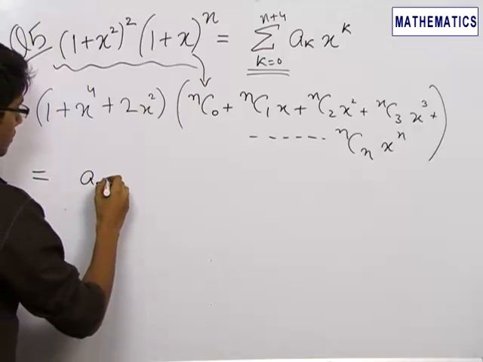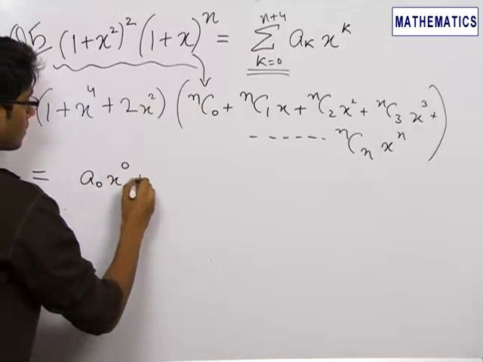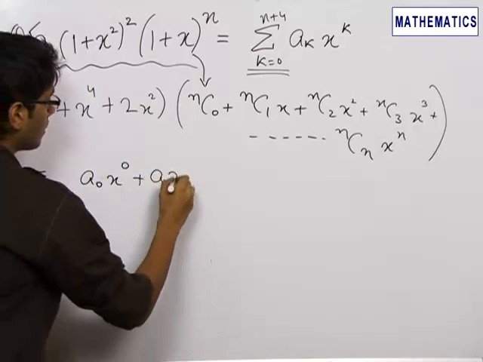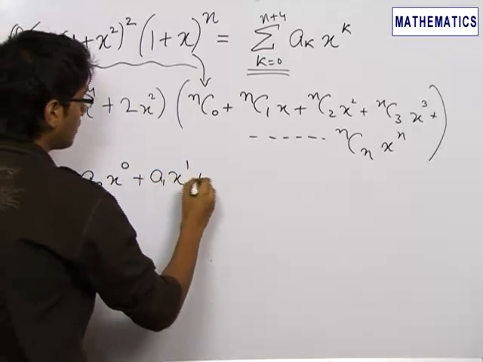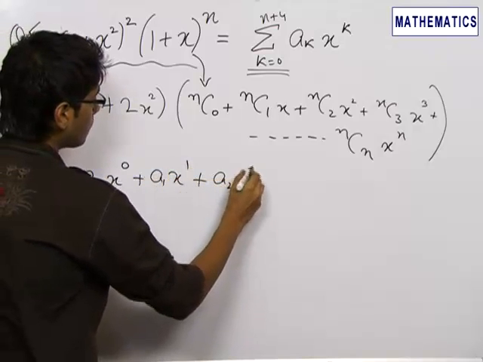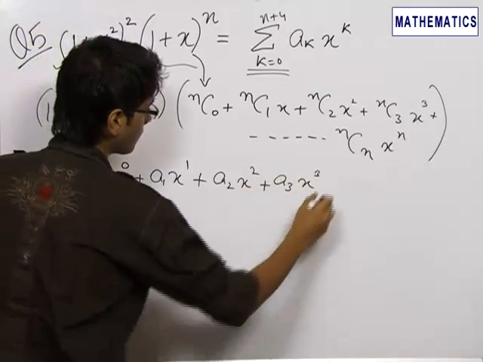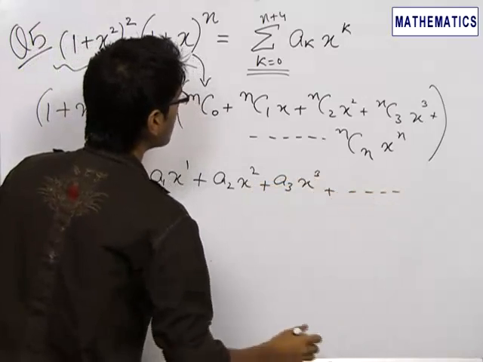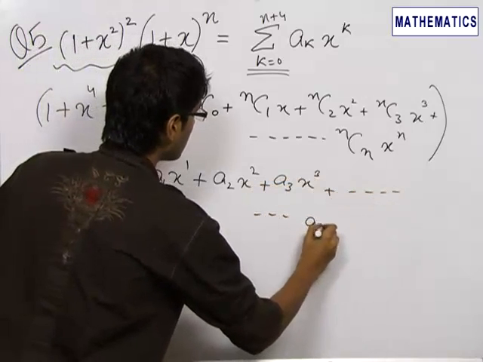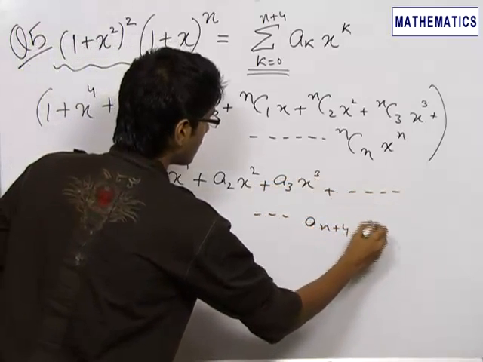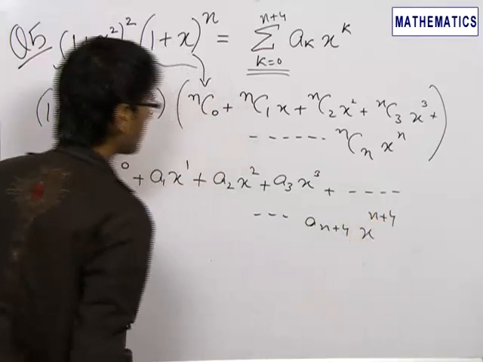We get a0 x⁰ + a1 x¹ + a2 x² + a3 x³, going in the similar fashion up till a(n+4) x^(n+4).